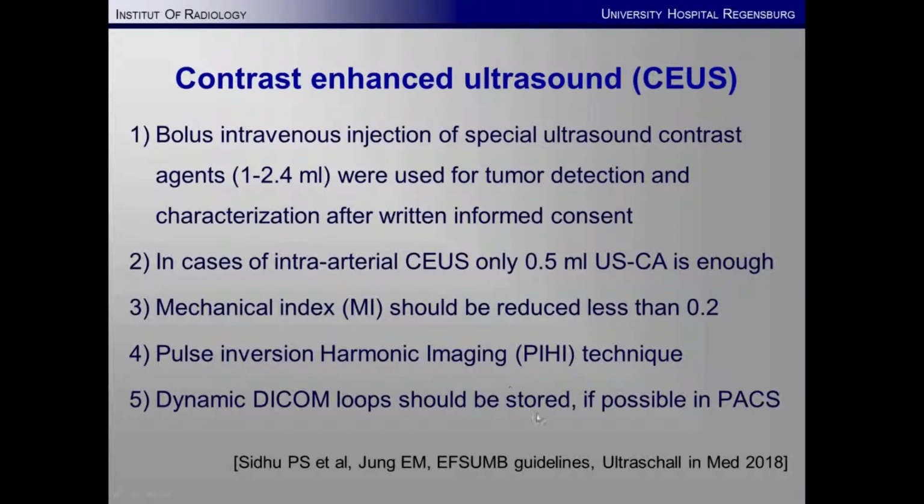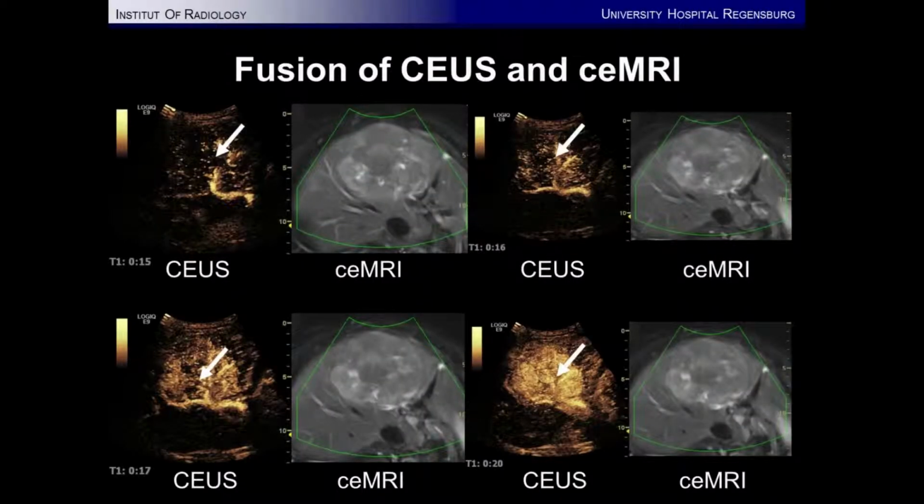Look at this excellent paper from our chairman considering the EFSUMB guidelines. The next very important information for you: what about tumor microvascularization? Look at this comparison between contrast-enhanced ultrasound and MRI.